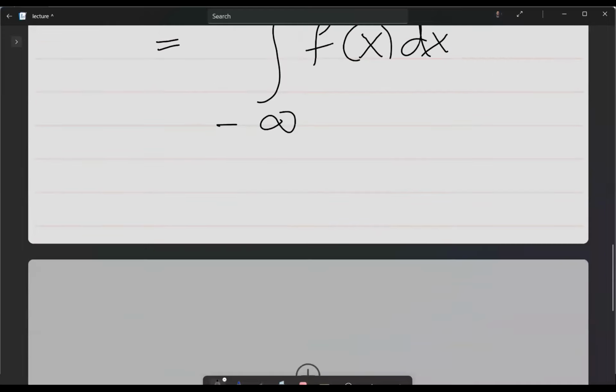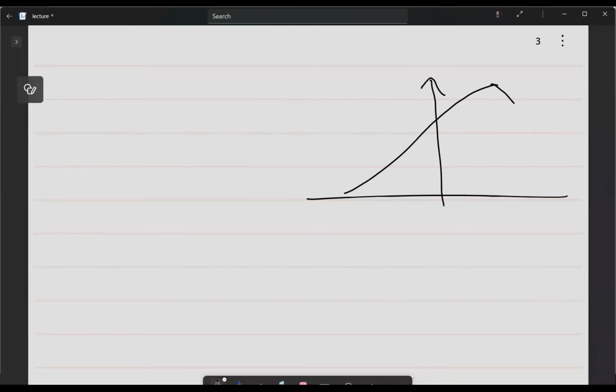Now if I go to another slide, let's say I have any distribution, I don't care which distribution, something like that, and this is x. I would like to calculate the probability to be from x1 up to x2.